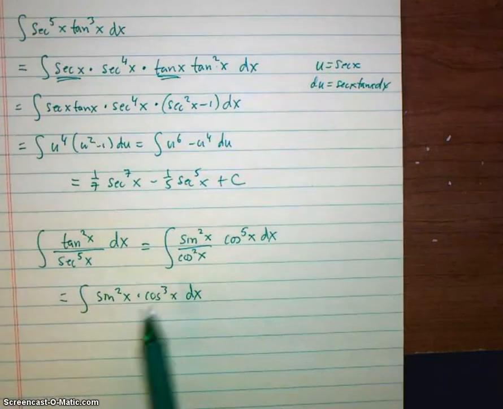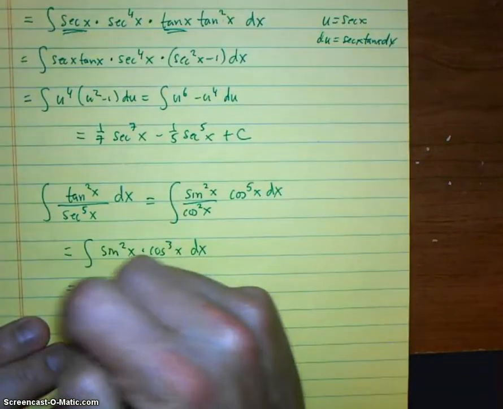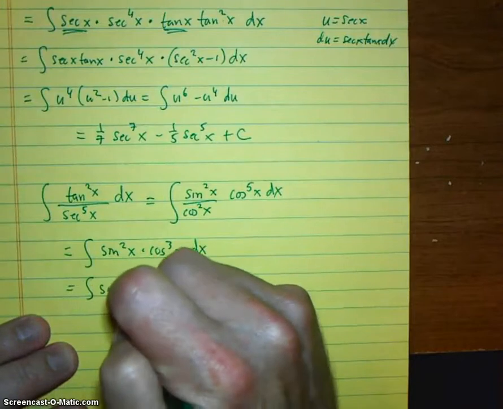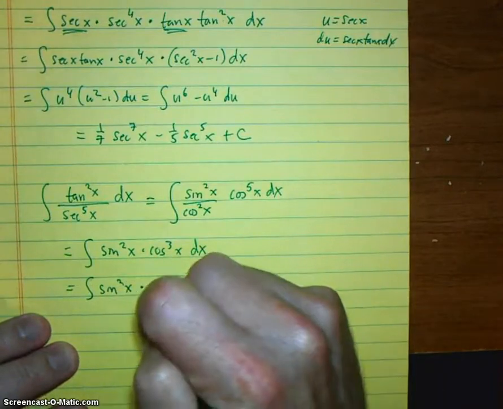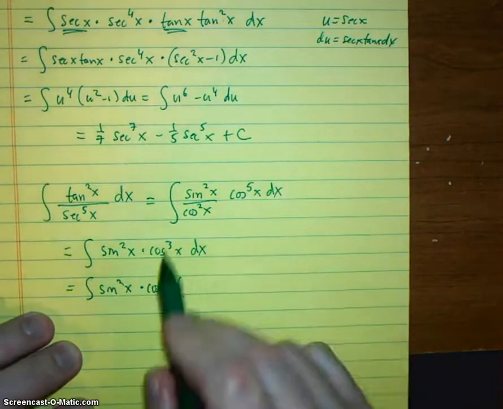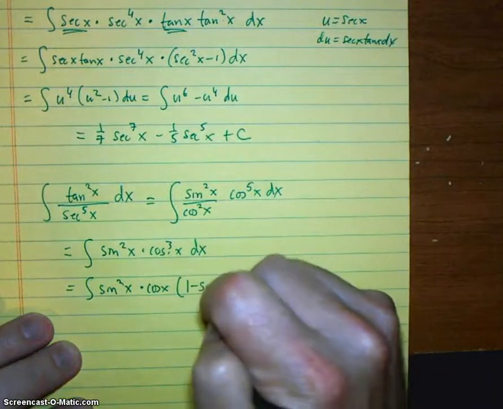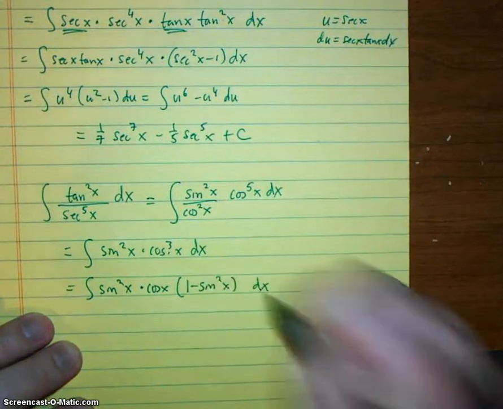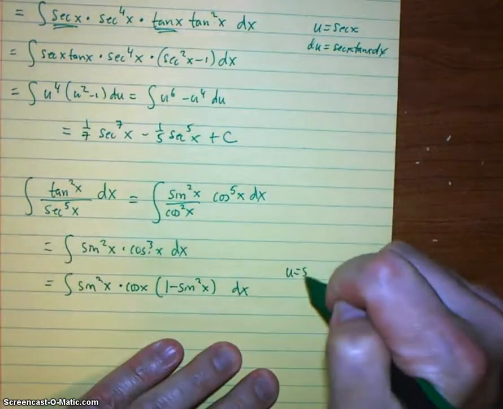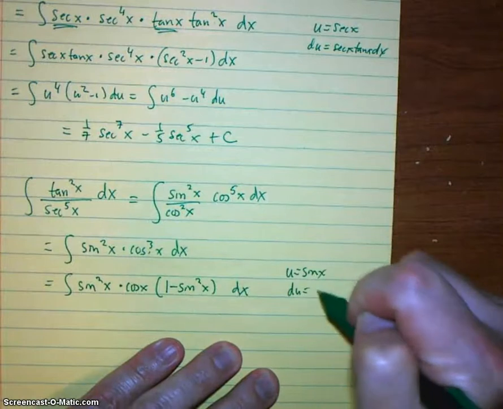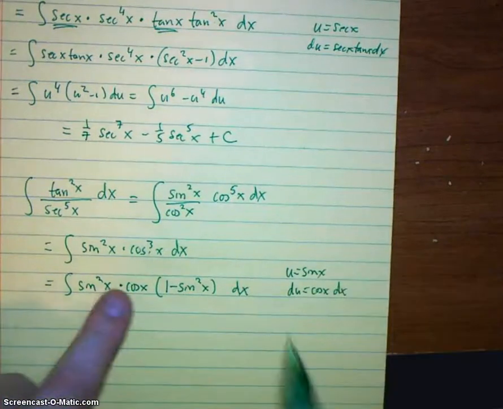Now we have cosine with an odd power. Alright, so this becomes sine squared x times cosine x, and then the cosine squared, we replace that by 1 minus sine squared x. U is sine x, du is that cosine x dx that we saved.